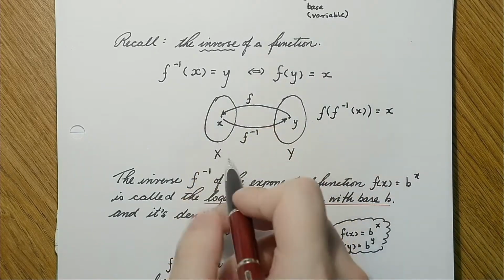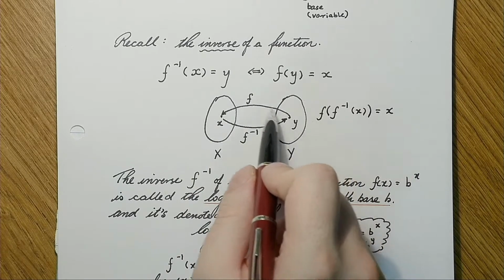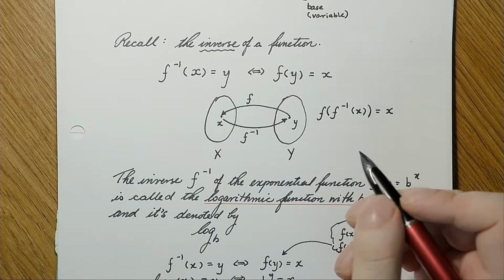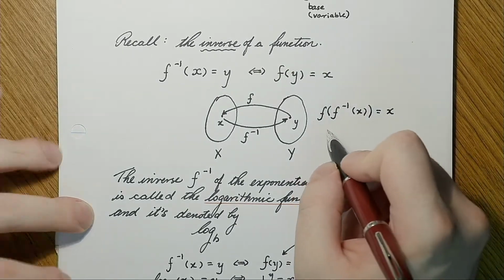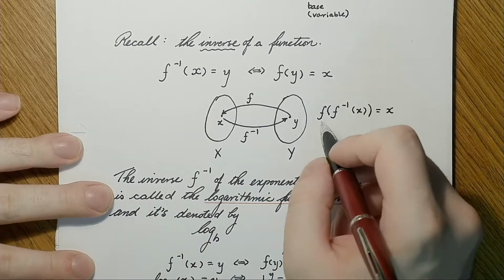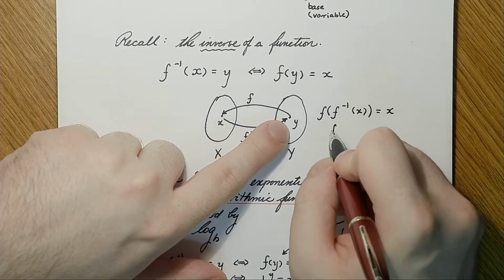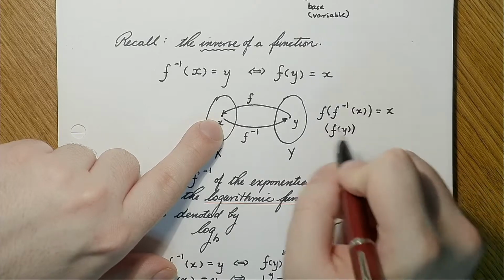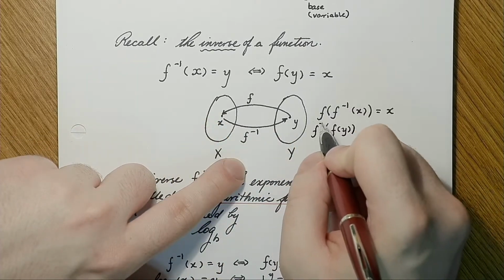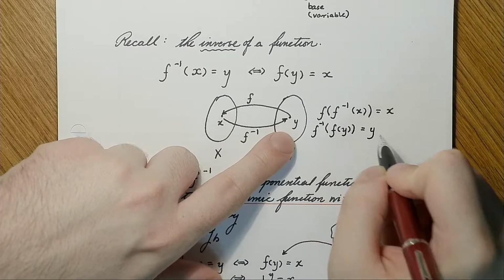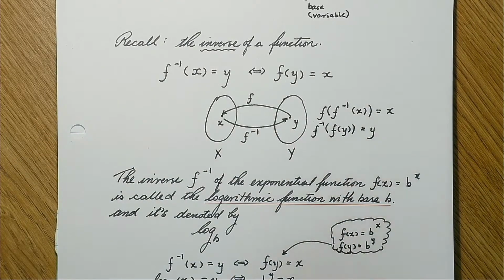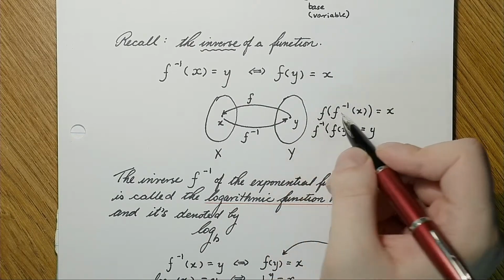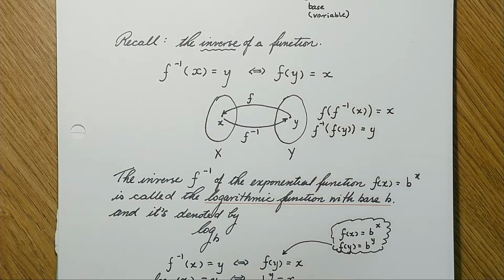So again, I apply an inverse function, and then I apply that function again, and it brings me back to the original spot. And the same thing can happen again if I did it with y. So I have f of y, and that brings me to x, and then I apply the inverse again, that's going to give me y. So what you're seeing is that if you have the function and then the inverse of the function on the element, it's going to bring you back to the original element.